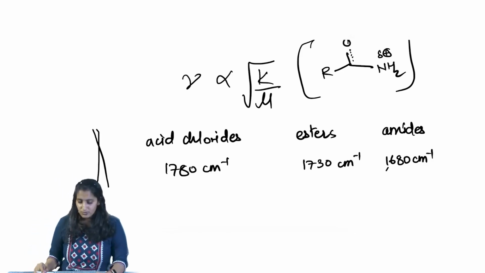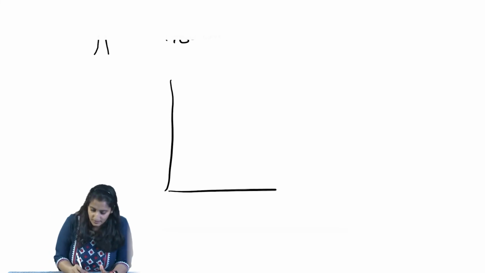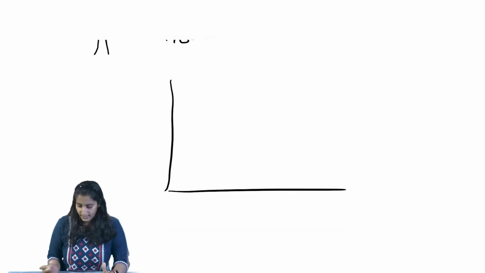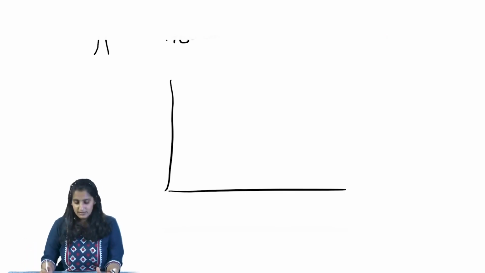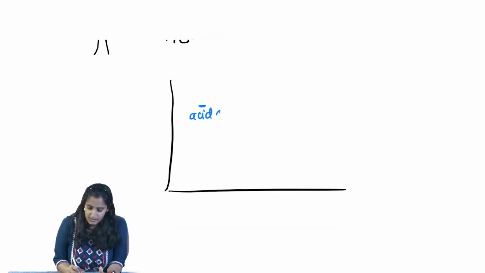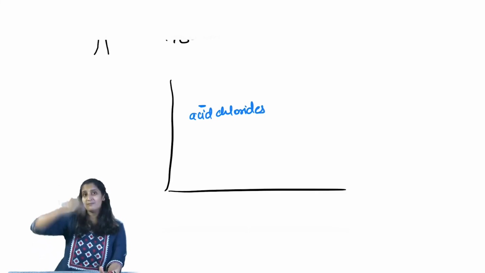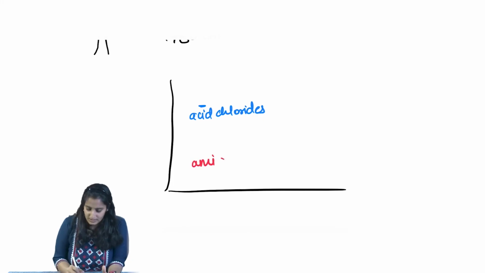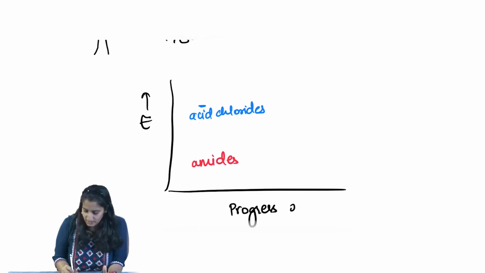So, if I have to think of it from acid chlorides versus amides, okay, and if we want to plot the energy profile diagram of both of these reactions reacting with the same nucleophile, if we put acid chlorides here, because they are already more reactive, the electrophilicity of the carbon is high, amides have to start somewhere here, okay, and this is energy, this is the progress of the reaction.